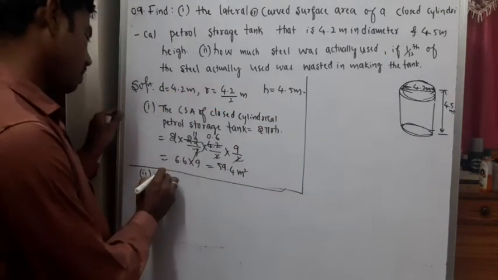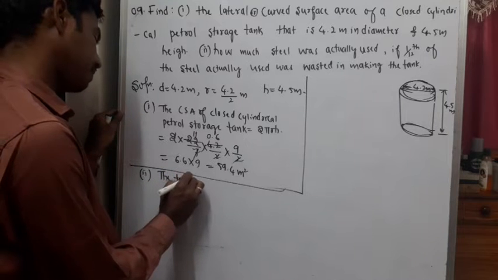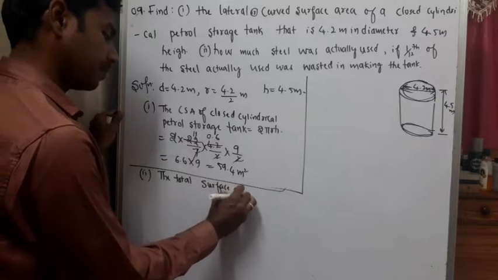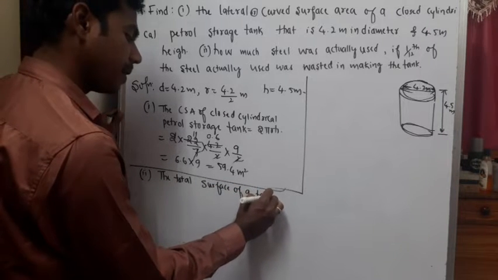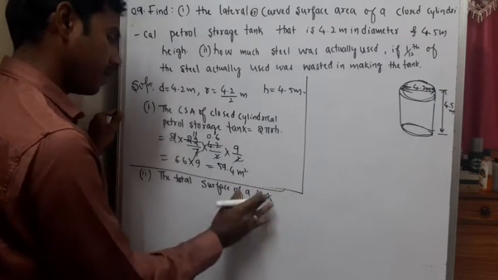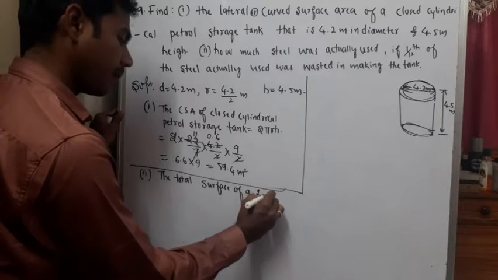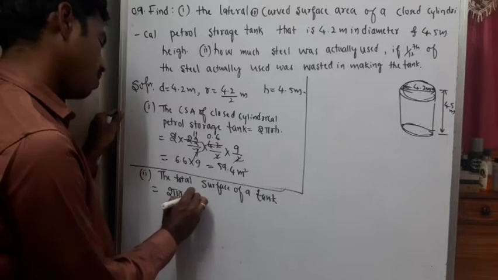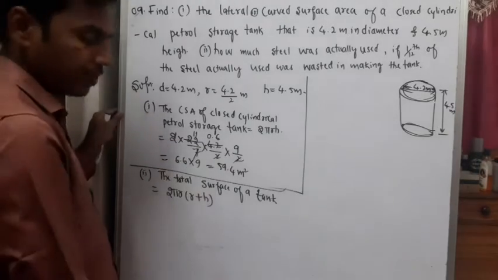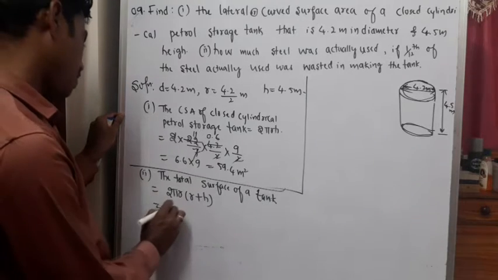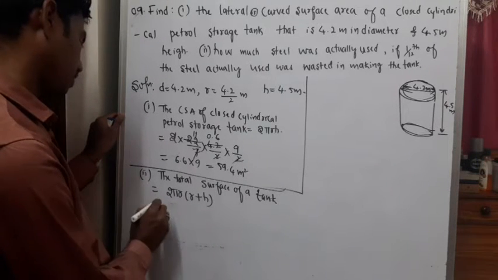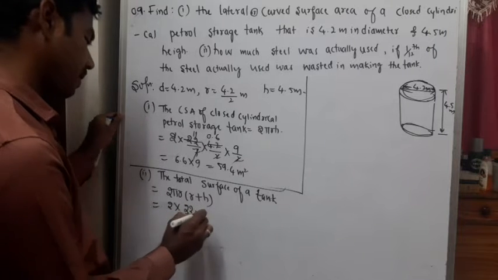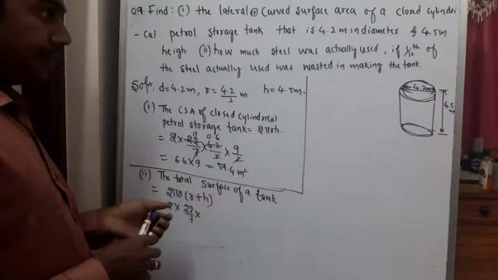So the total surface area of a tank is equal to 2 pi r into r plus h. This is the formula. Fine. So 2 into 22 by 7 into, what is r?